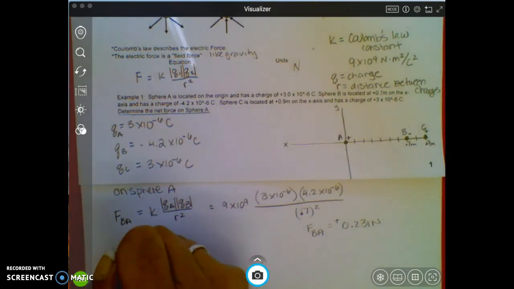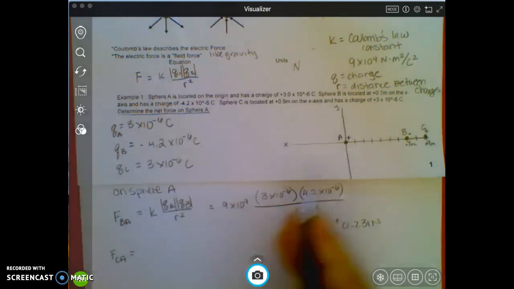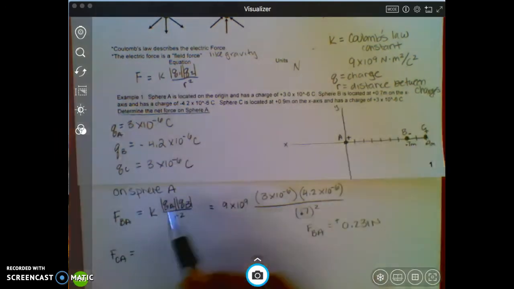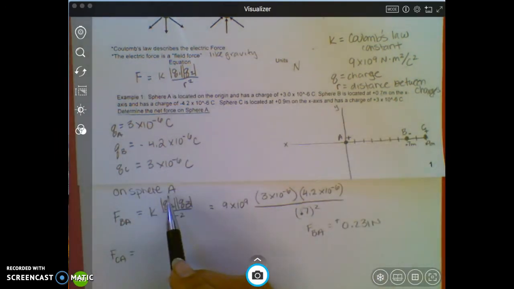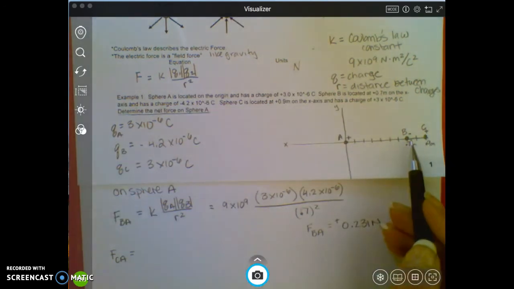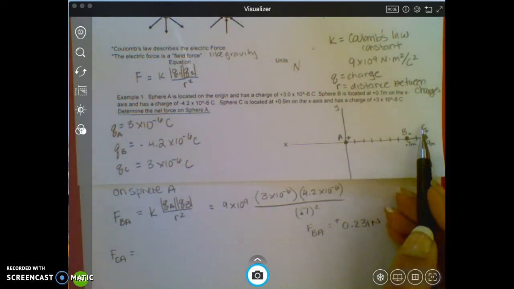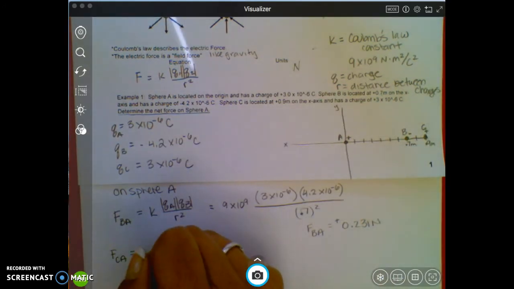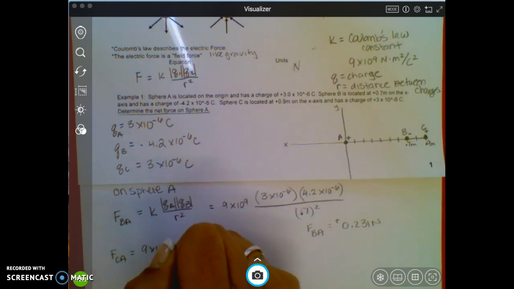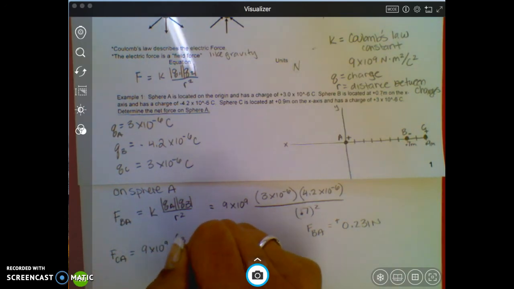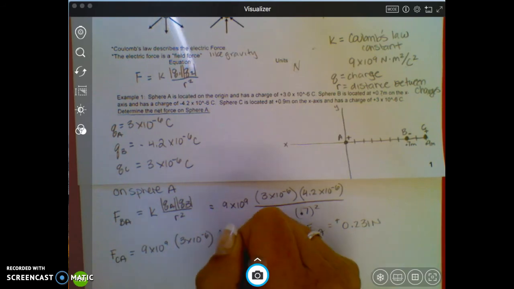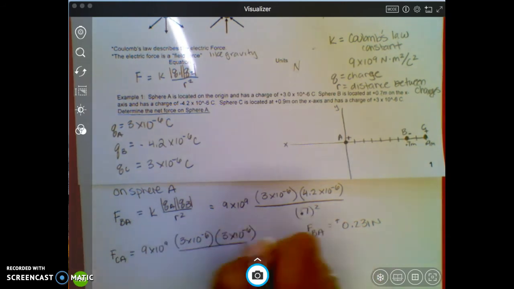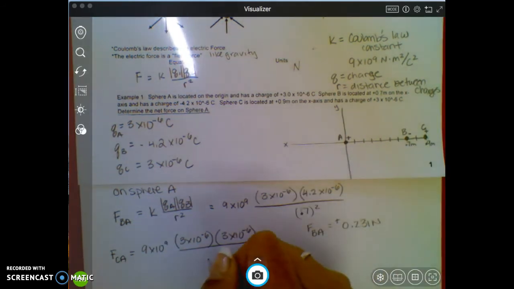Now for C on A, and remember we're doing both of these charges on A because we're worried about the net force on sphere A. If I was worried about the net force on sphere C, I would do B on C and A on C. But we're worried about A. So C on A is going to be the same equation: 9 times 10 to the ninth, Q_A, which is 3 times 10 to the negative 6, Q_C, which happens to be the same thing, over their distance, which is 0.9 squared.